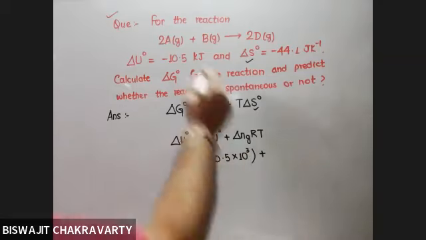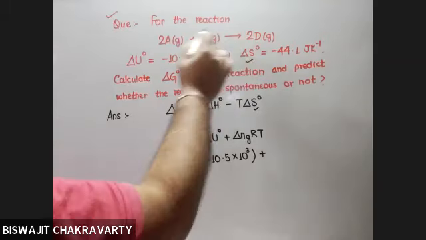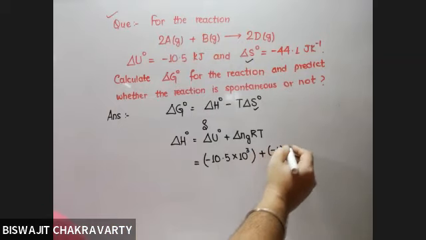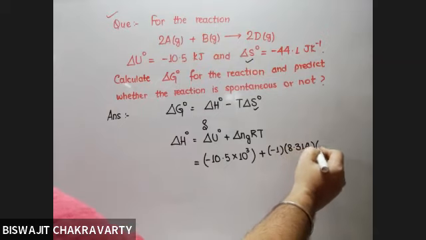Tell me, what is the delta Ng for this reaction? Change in the number of gaseous moles is how much? Sir, -1. 2 minus 3 is -1. The value of R in terms of thermodynamics is 8.314 joules per Kelvin per mole.